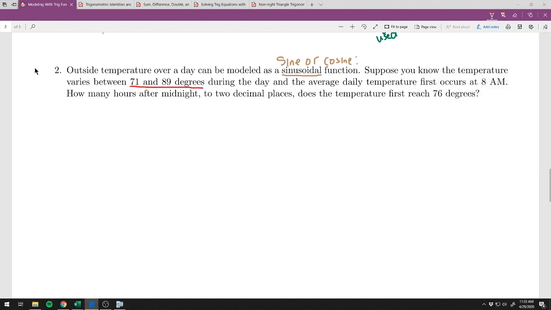What it's saying is the high temperature at the top is 89, and the low temperature at the bottom is 71.